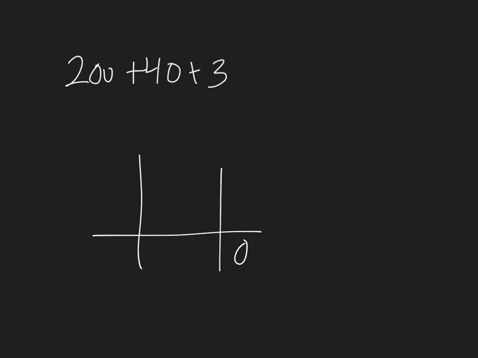So ones, tens, and hundreds like normal. So let's look at our number up here, 200 plus 40 plus 3. Well, let's take these numbers and place them into our place value chart. Let's start with the really easy one, 200. 200 obviously has hundreds in it, so we can go ahead and drop it into the hundreds side.